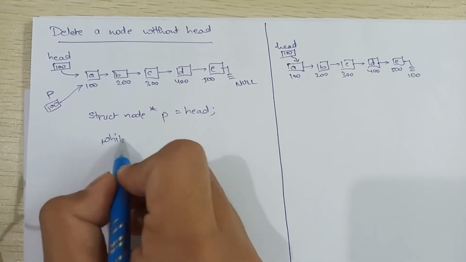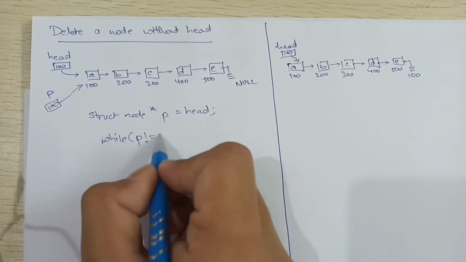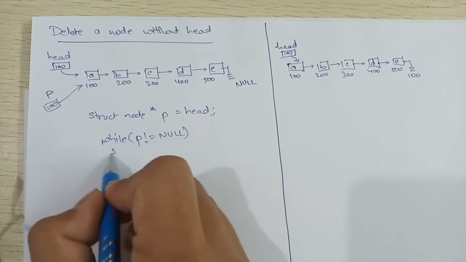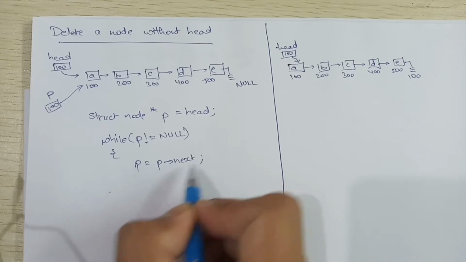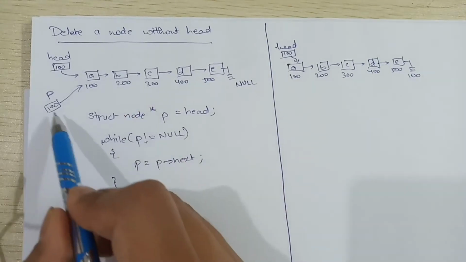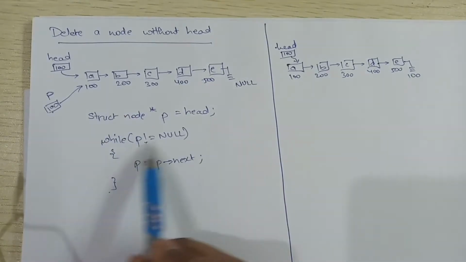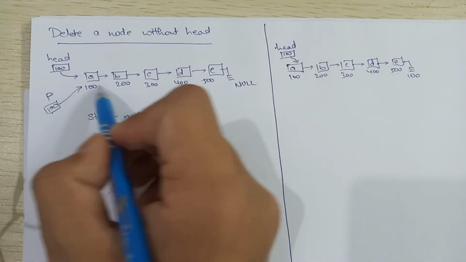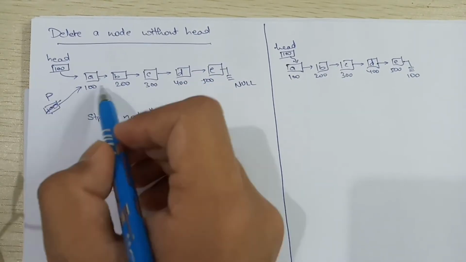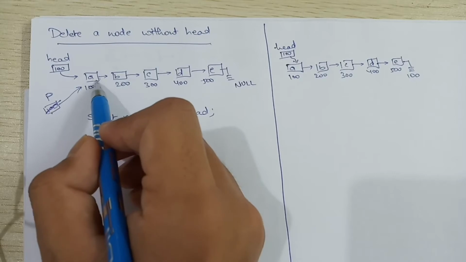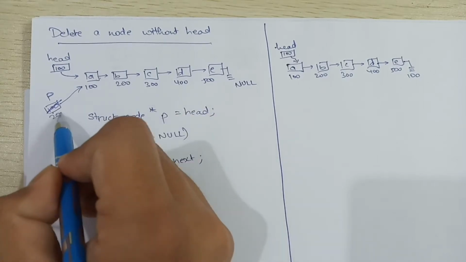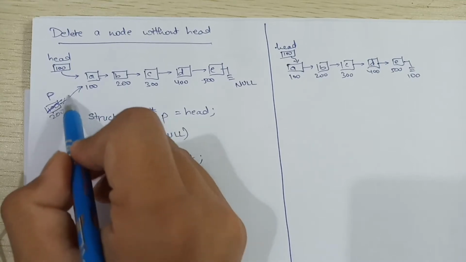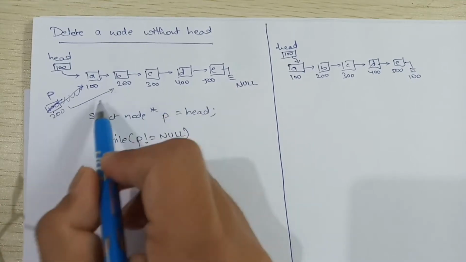So I can say while p is not equal to null, assign p's next value to p. This is how p is pointing to 100, because p is not null, so it will hold the address of p's next, which is 200. So now it starts pointing to this node.